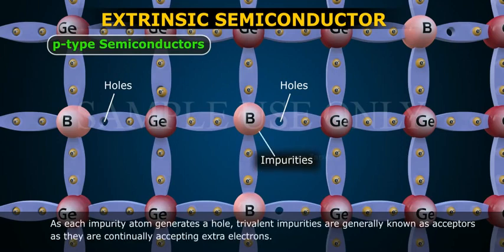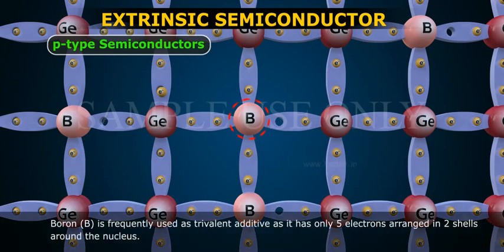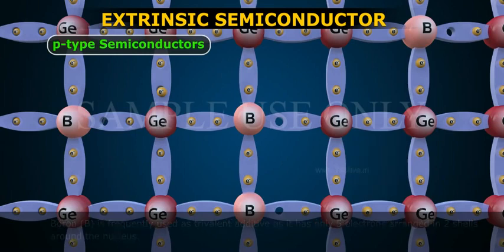As each impurity atom generates a hole, trivalent impurities are generally known as acceptors, as they are continually accepting extra electrons. Boron, B, is frequently used as a trivalent additive, as it has only 5 electrons arranged in 2 shells around the nucleus.